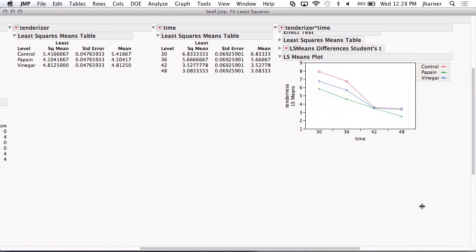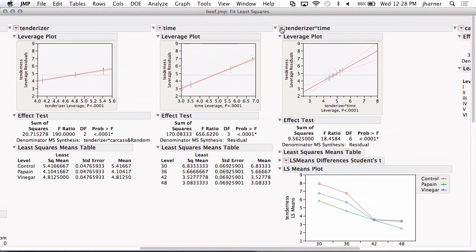So that's the interaction plot using the least squares means. Unfortunately, I don't think there's any easy way to get the multiple comparisons from JMP. As I said, you don't get it from here.